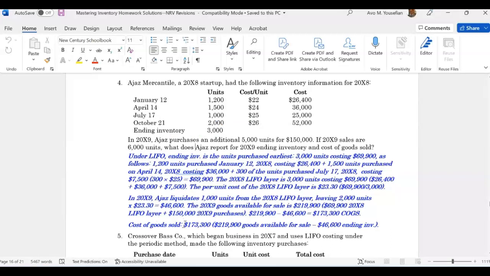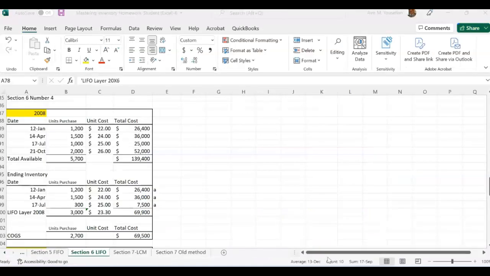Okay, so the cost of goods sold answer is 173,300, and ending inventory should be somewhere here. Okay, I will look at the Excel because as you see here is a lot of information that will be confusing. So here, in 2018, as a startup company, we had 0 beginning inventory, but we purchased several times.